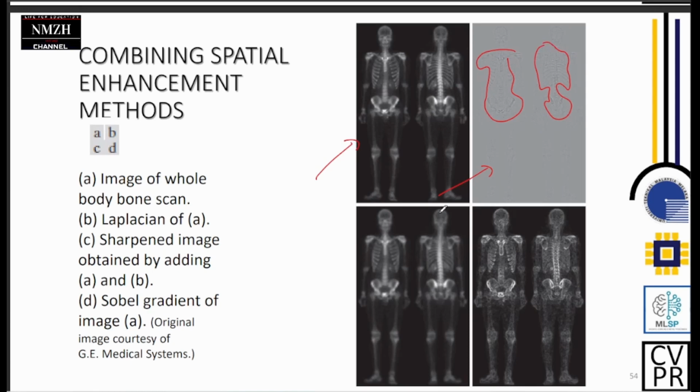While C is basically the sharpened image obtained from A and B, okay? This one, getting C. While D is the Sobel gradient of the image of A. So this one is from A, okay? So that will be a better way to see the bone by using an image.